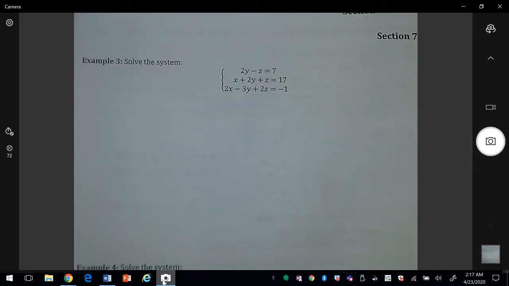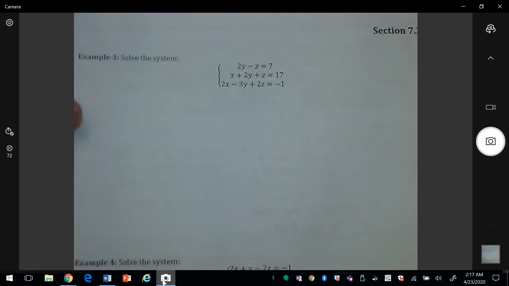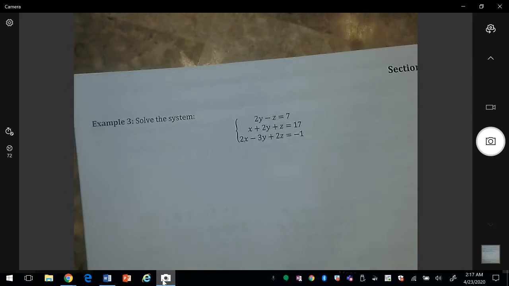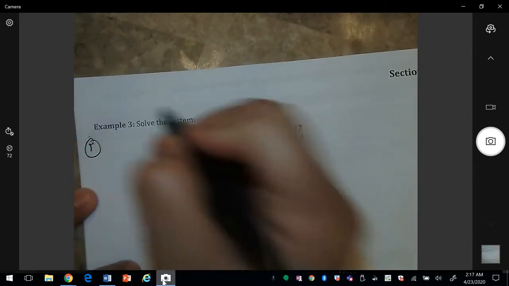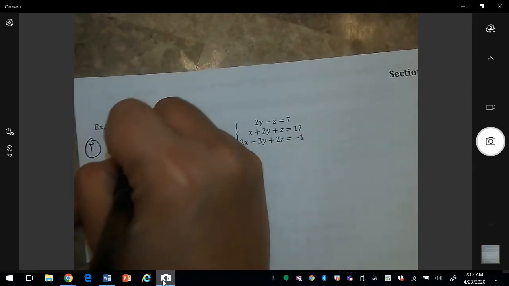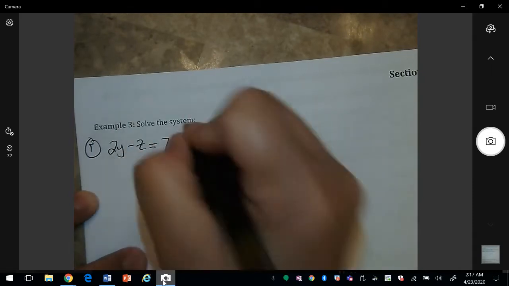Example 3, same idea. We want to find a solution to the system. So we can pick any of the equations. I'm going to go ahead and work with equation 1. So I have 2y minus z equals 7.